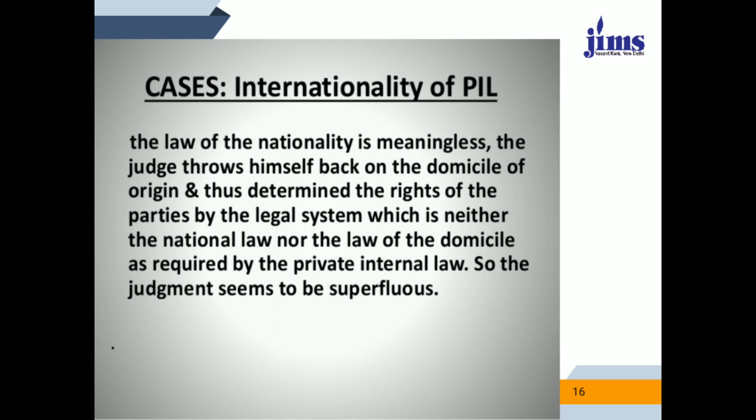The law of the nationality is meaningless. The judge throws himself back on the domicile of origin and thus determines the rights of the parties by the legal system, which is neither the national law nor the law of the domicile as required by the private internal law. So the judgment seems to be superfluous.